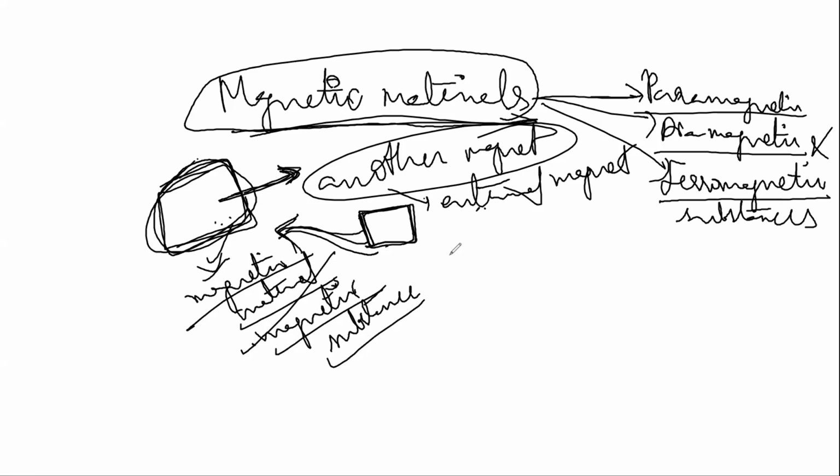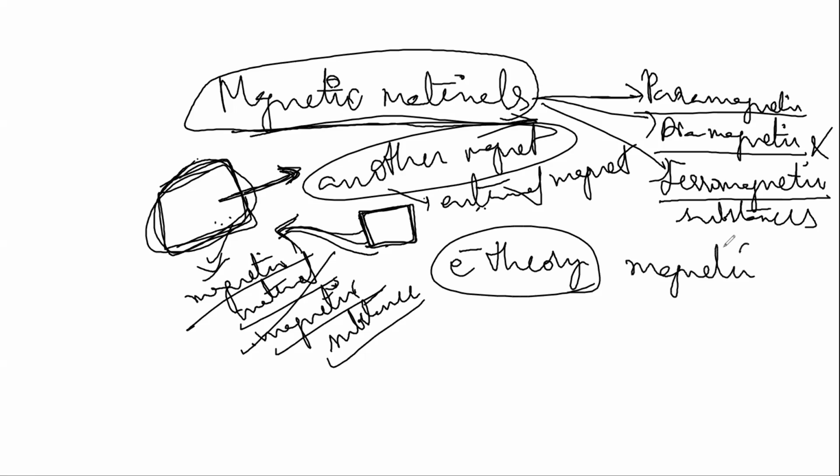Here I can give you a brief idea: based on electron theory, we explain the behavior of magnetic substances. What is that?